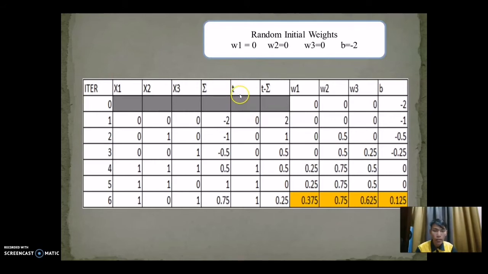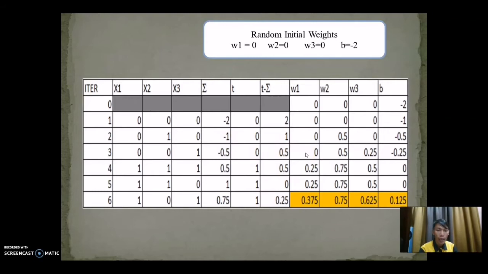T means target. The target for this table is 0, 0, 0, 1, 1, 1. So T minus the sum: 0 minus -2 equal to 2, 0 minus -1 equal to 1, and so on.